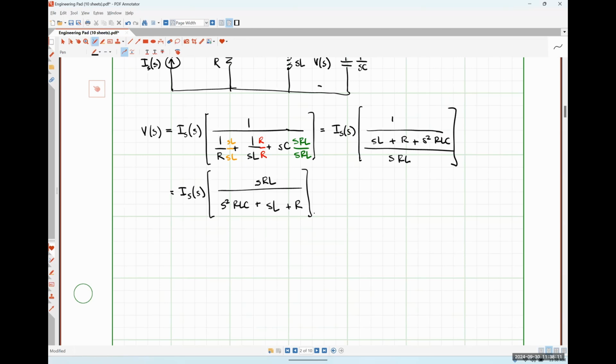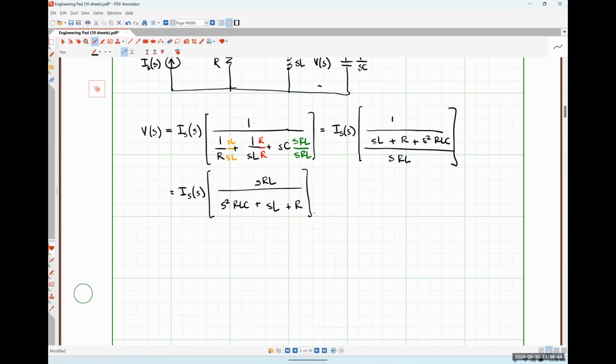So you may be asking yourself why I bothered to put it in this particular form. Notice that I have a numerator that is a polynomial in S of the first order, and then a polynomial in S of the second order in my denominator. So this is something that I could potentially do partial fraction expansion on to find the inverse Laplace transform. Now there is a little bit of a problem.